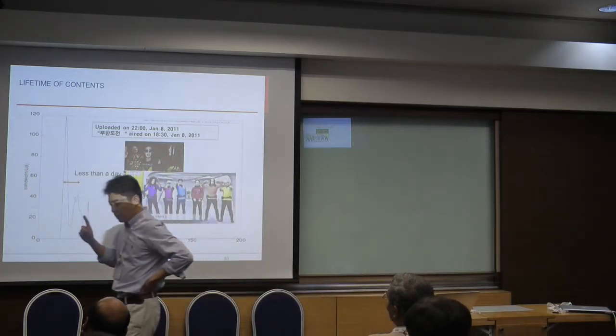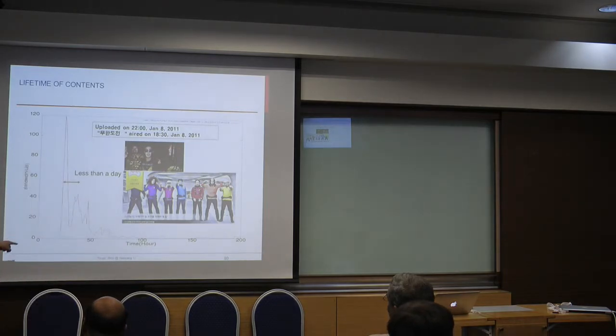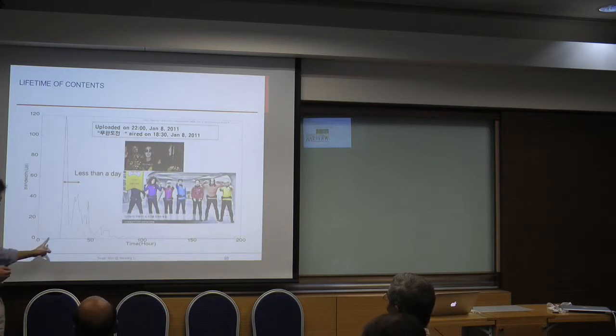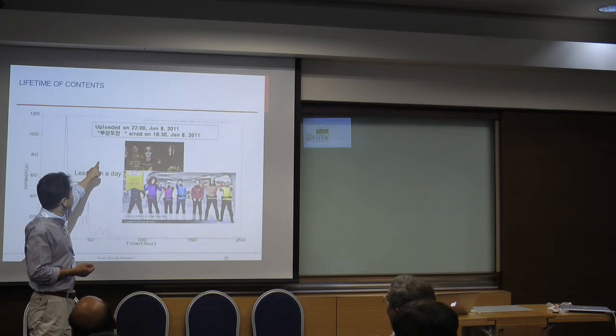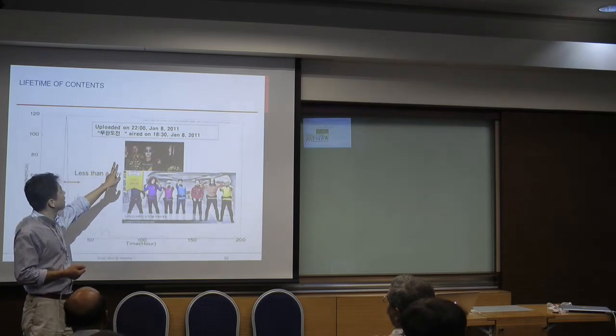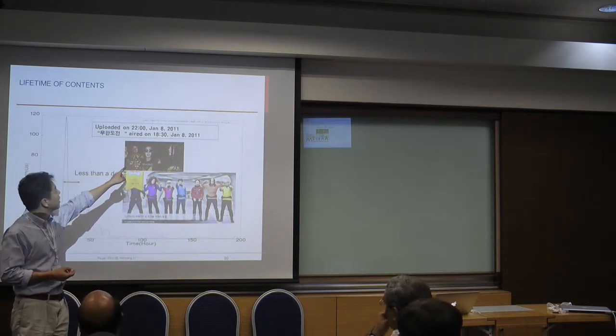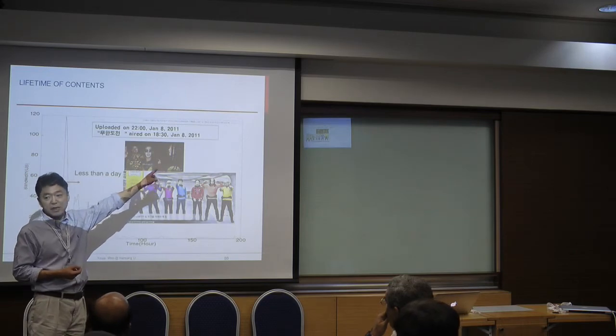The y-axis is the bandwidth of a single content, and this is the time when the specific content is uploaded to the server. I don't think you can read Korean, but this is the title, and it was aired at 6:30 p.m. on January 8th of 2011.